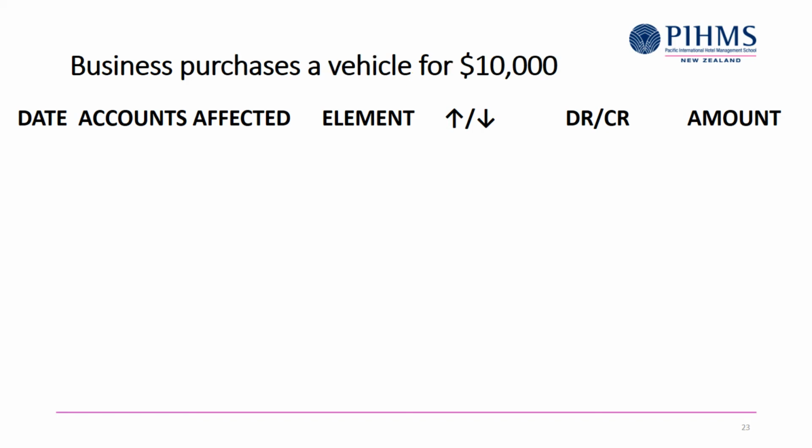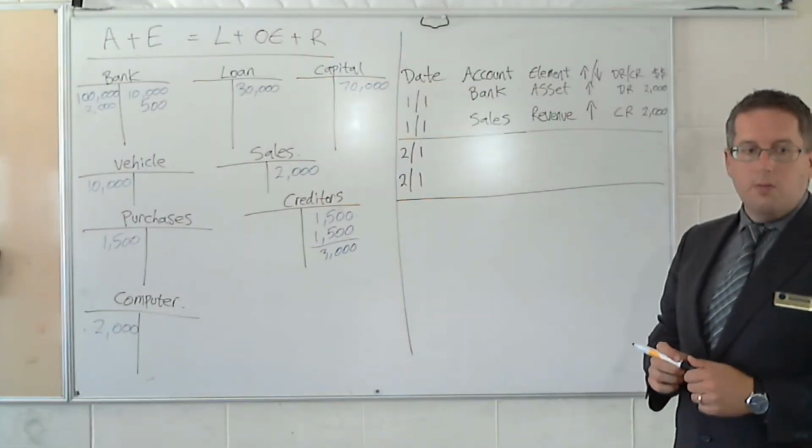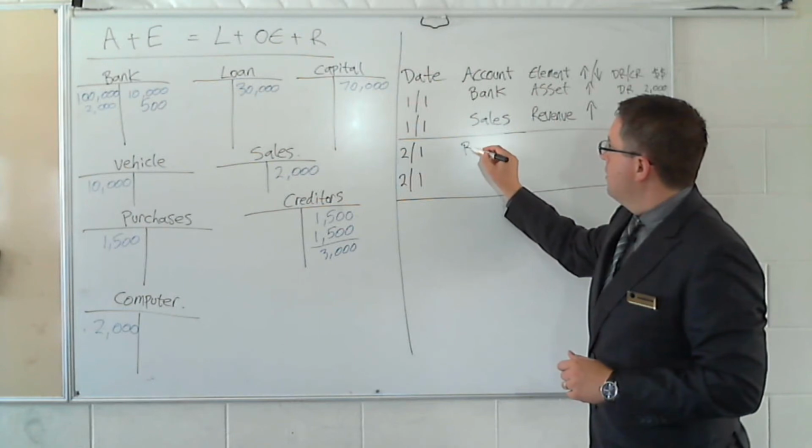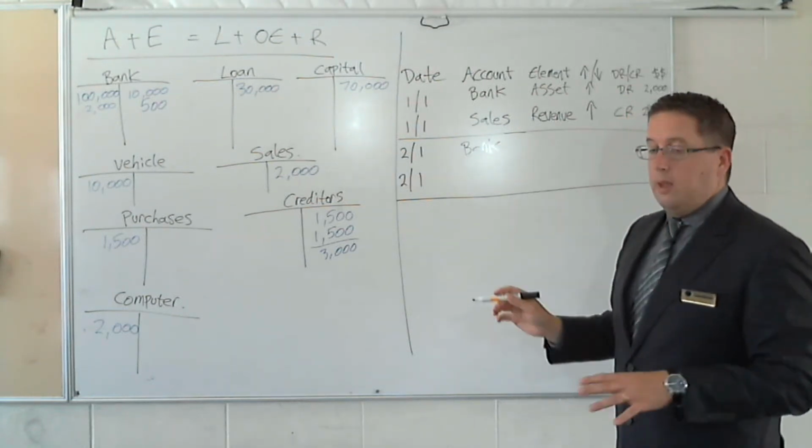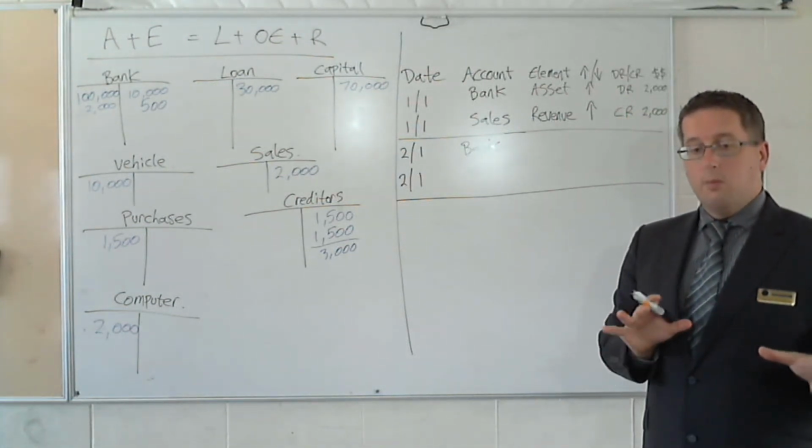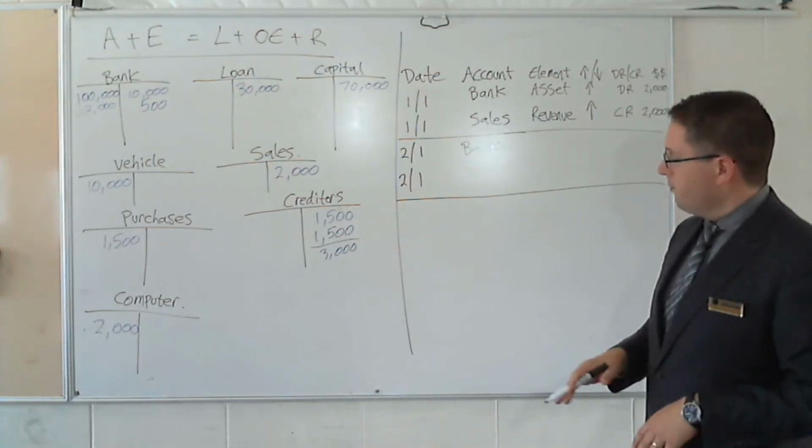Second transaction is we are buying a motor vehicle. Okay, I'll run through these quickly. So, motor vehicle for cash, that's our bank account. Again, you can pause this at any time, work it through yourself if you want.